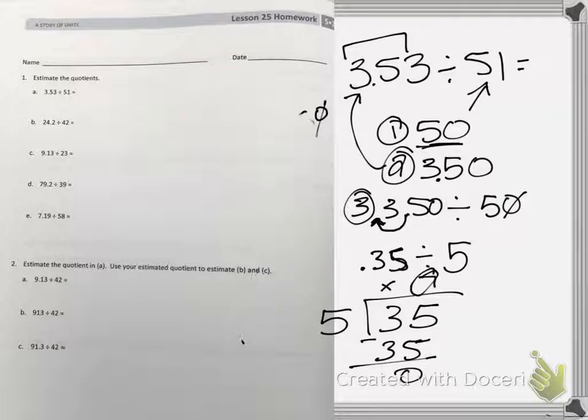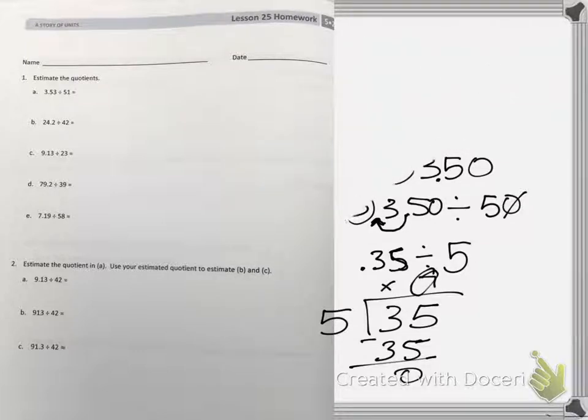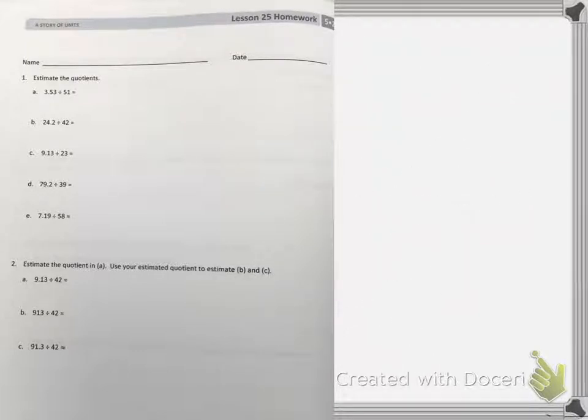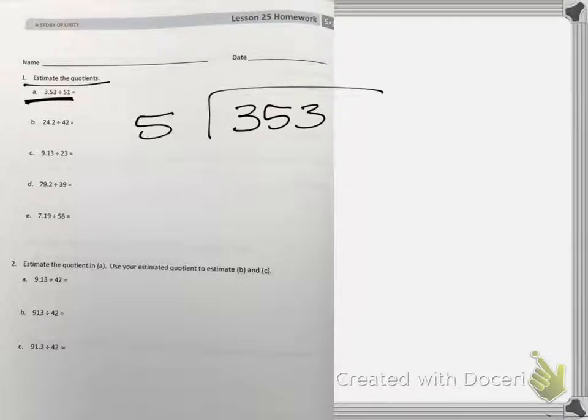Now, we need to make sure that they're rounding everything. I saw on the exit ticket today that they weren't rounding and estimating the quotients. They were really just trying to work it out themselves, which is fine, but they're going to struggle. So say they were to do 353 hundredths divided by 51. So we're going to say hundredths again. We can't divide 3 by 51.